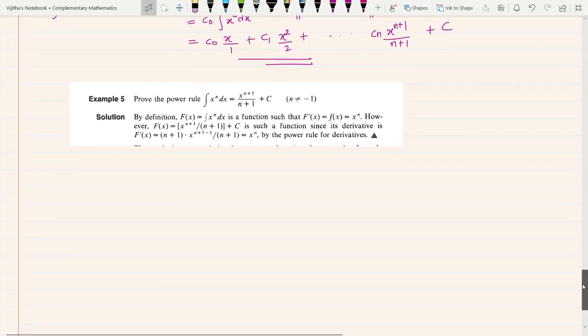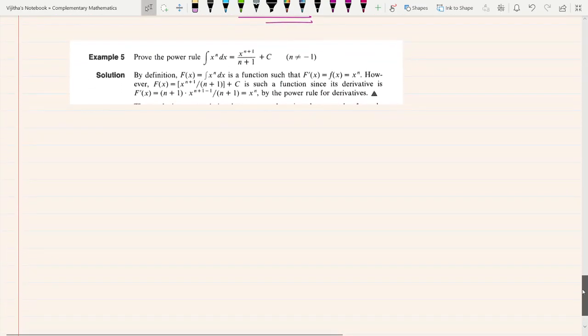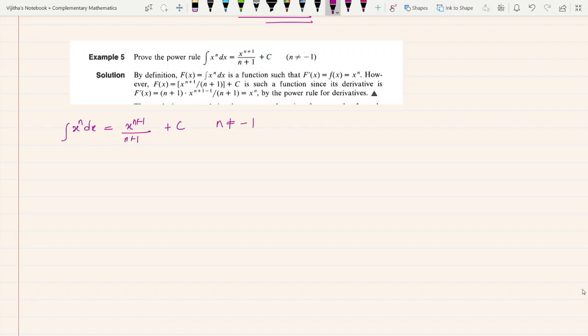Now we will prove the power rule. We will prove that integral x raised to n dx is equal to x raised to n plus 1 by n plus 1 plus c, where n is not equal to minus 1. For this, integration is nothing but antiderivative.